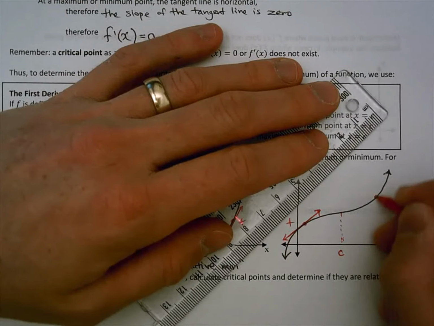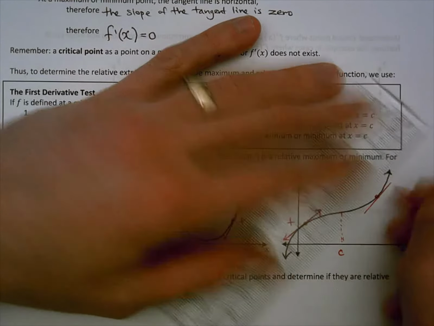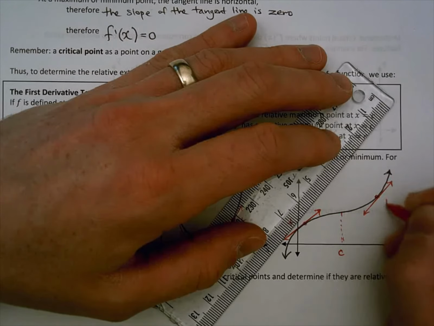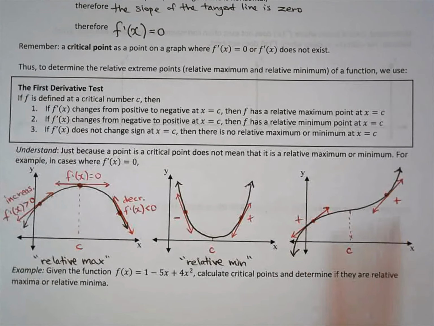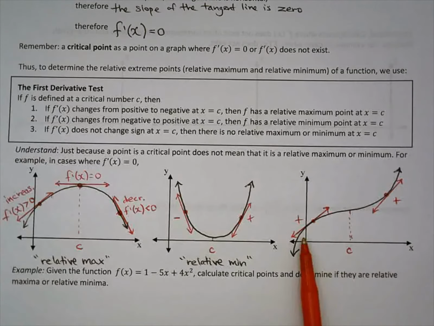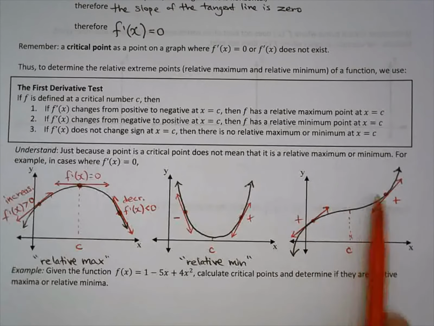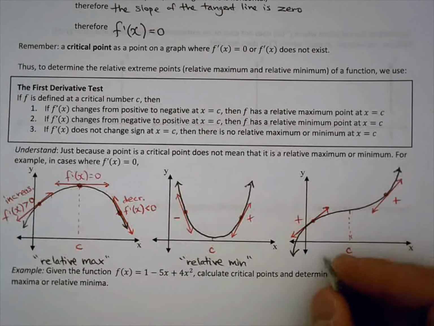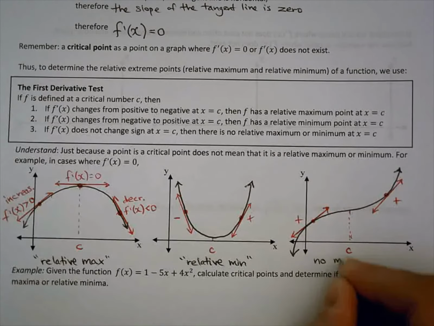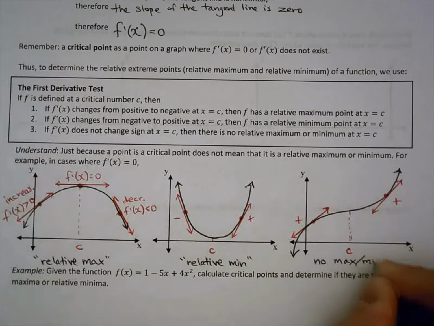To the right of that critical number, the slope is positive. The function is increasing. Well, if there's no sign change on either side of the critical number, then this is neither a maximum nor a minimum. You can clearly see that it's not a max or a min. It's not an extreme point.